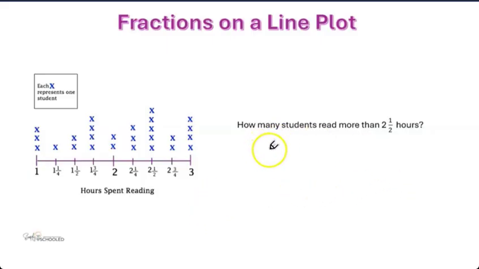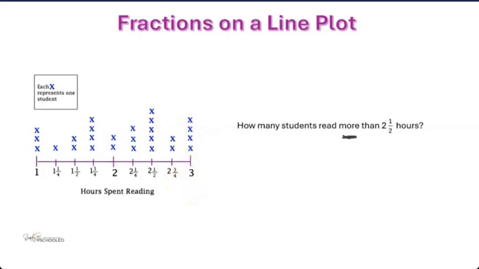Here's our question. How many students read more than 2 1/2 hours? Notice it says more than. So we go over here and look. Here's 2 1/2 hours, but it wants more than 2 1/2 hours. So under here, there were 2 students who read 2 3/4, and there were 4 students who read 3 hours.